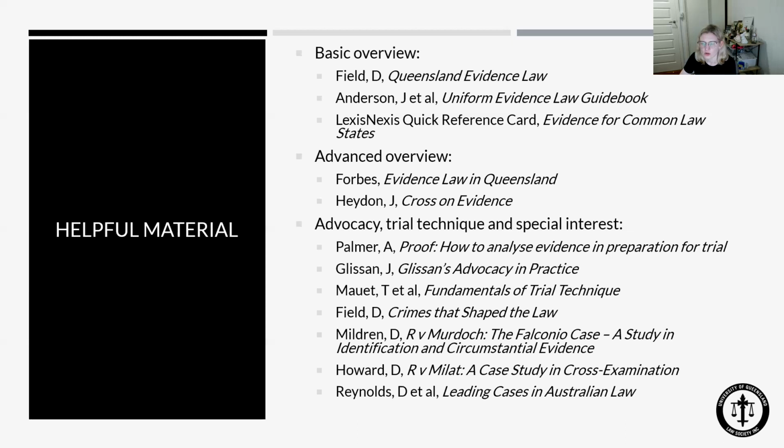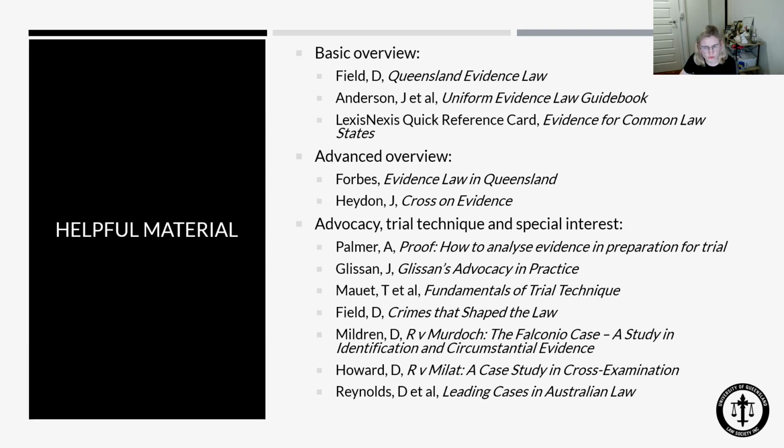The next lot is a selection of just things that I think are generally helpful to read if you're wanting to get ideas about advocacy. There is the Mildren book and the Howard book on Azaria Chamberlain, no, on Murdoch and Malat, which are obviously key cases that have happened in Australia. The Malat one deals largely with the cross-examination of Ivan Milat, which took place over 4 days.